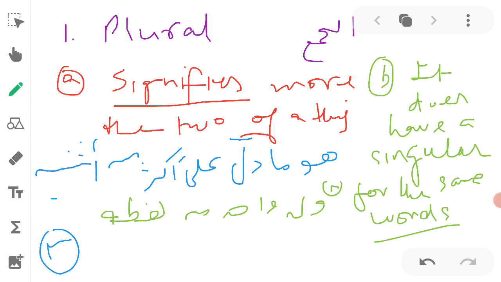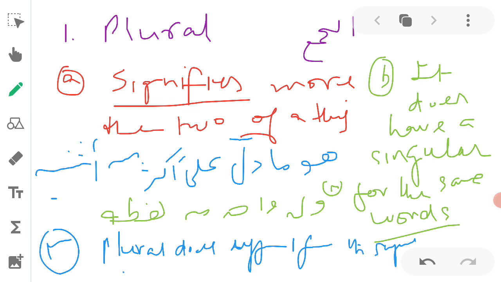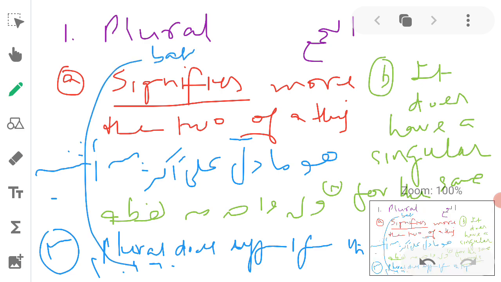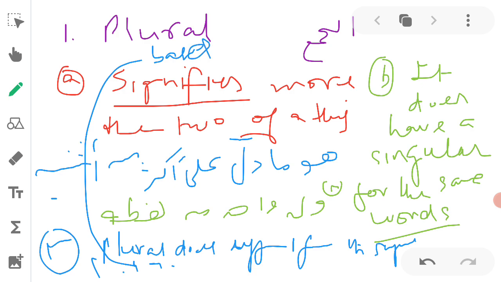So the third condition is that the plural doesn't differentiate from its singular just based on ha or ya shadda.